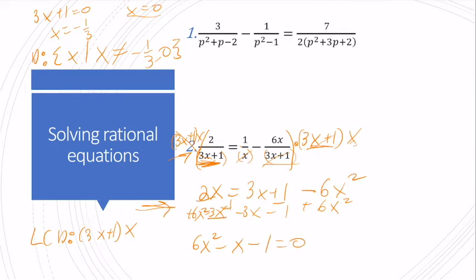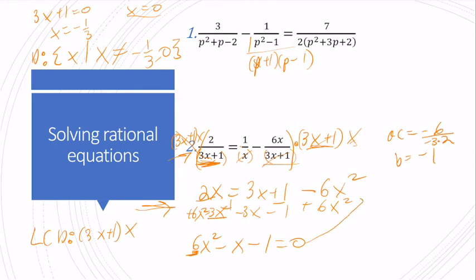So now I need to figure out what are the factors of AC, which is negative 6, that add up to B, which is negative 1, and that's going to be negative 3 and 2. Now notice my leading coefficient isn't 1, so I can't just rewrite it fully factored like I was able to up here, right? I just knew that because my leading coefficient's 1.